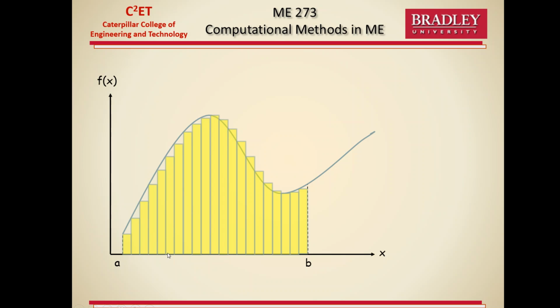I've made the width of each one still equal, but certainly smaller than on the previous slide. By making them thinner and including more of them, it fits the curve a little better, although maybe not perfectly.